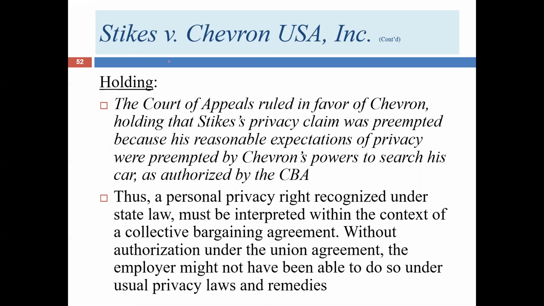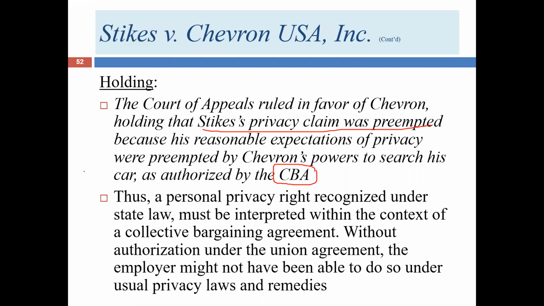But the court ruled in favor of Chevron, saying that Stykes' privacy claim was preempted by the collective bargaining agreement. He had no reasonable expectation of privacy because he had access to the collective bargaining agreement, and the collective bargaining agreement made it clear that his vehicle could be searched.